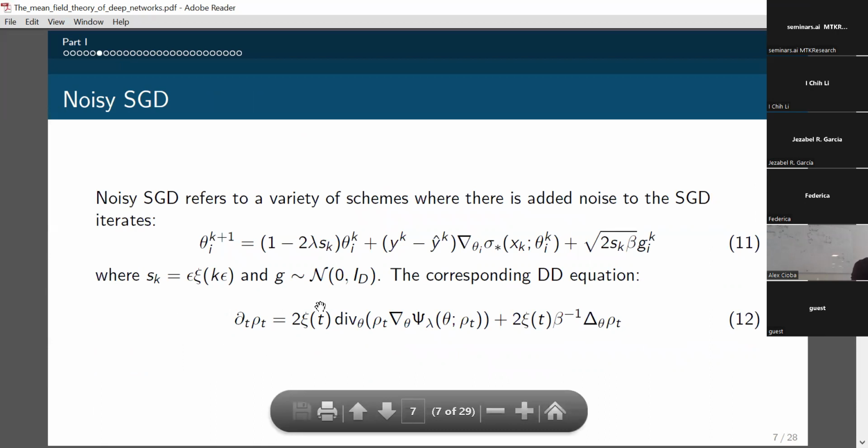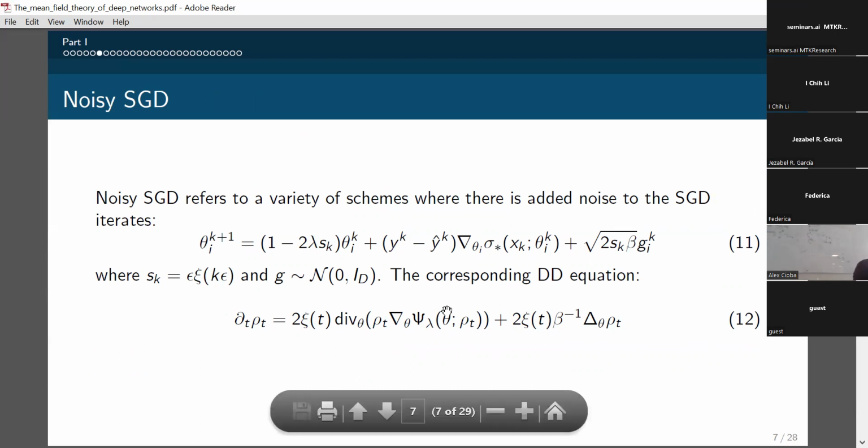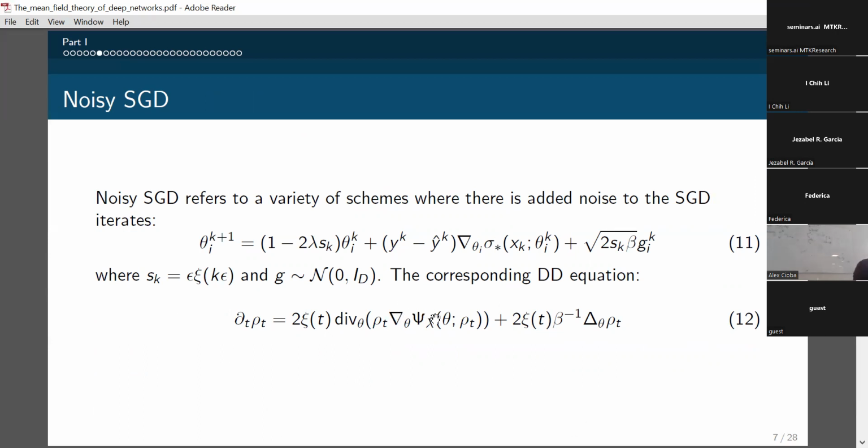But once you converge to this type of behavior, you still want to study the stationary solutions. And again, here the behavior is more complicated because the potential psi doesn't just depend on theta, it also depends on rho. In which circumstances does it not depend on rho?